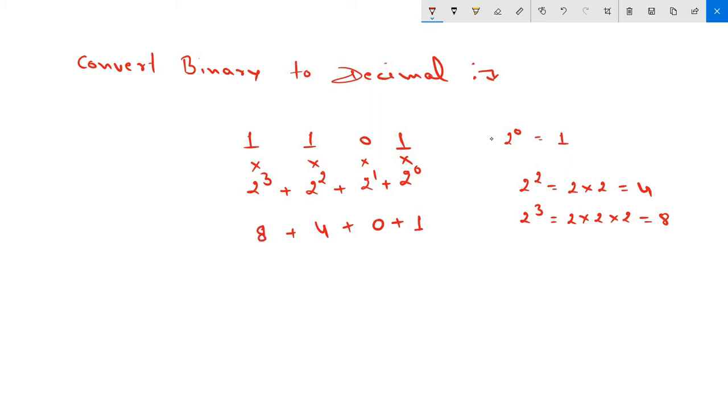Clear? Now you can add the numbers. So 8 plus 4 is 12. 12 plus 0 is 12, and 12 plus 1 is 13. So 13 is the answer. Clear, all of you?